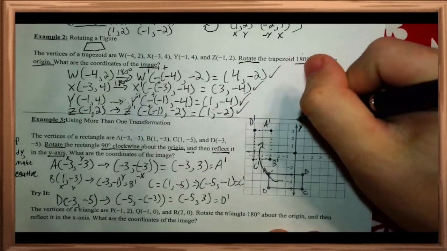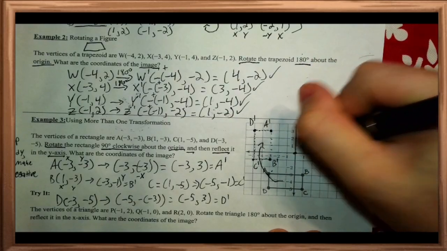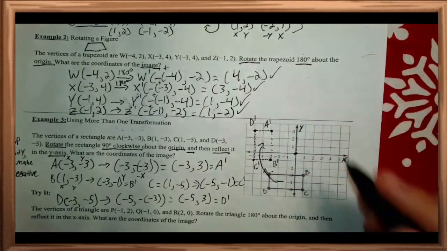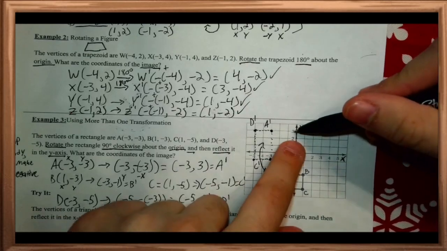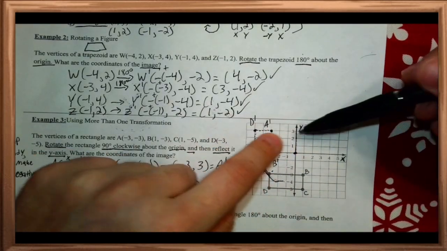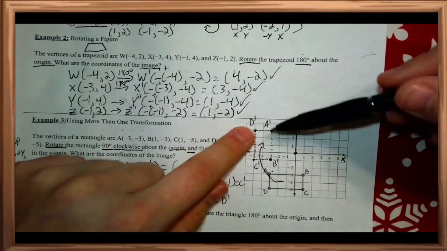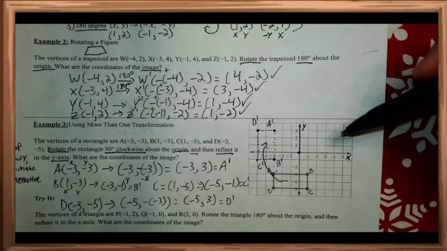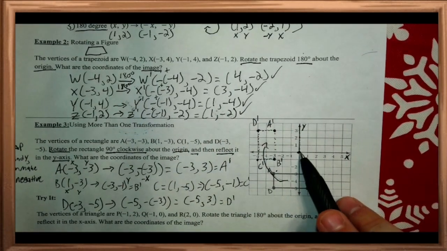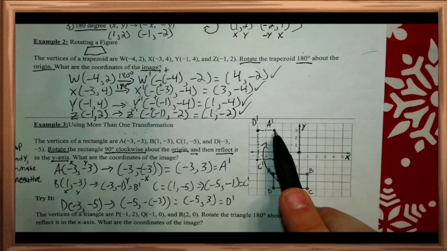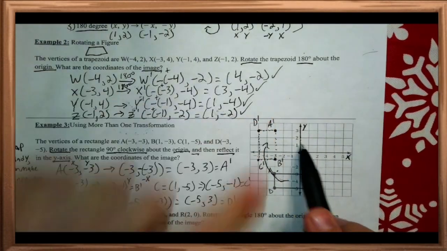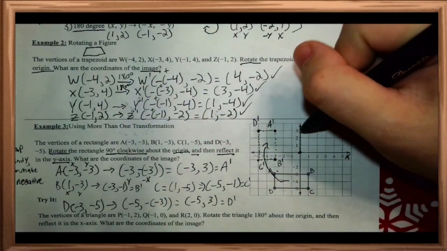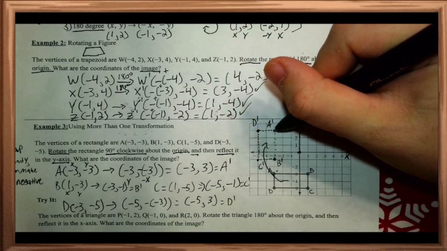The y-axis is this axis, and like we've been working on, when we reflect on the y-axis, we need to look at the distance from the y-axis of each of these points. So let's just start with A. What is the distance of A prime from the y-axis? 1, 2, 3 away.